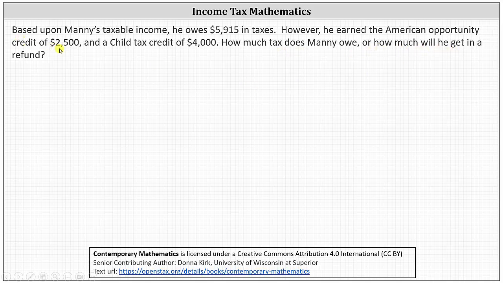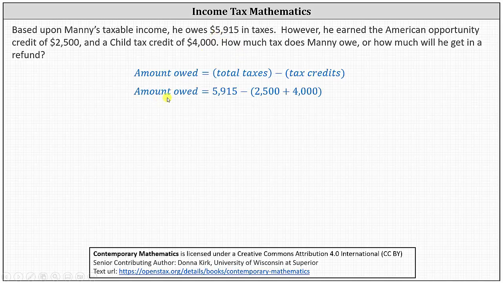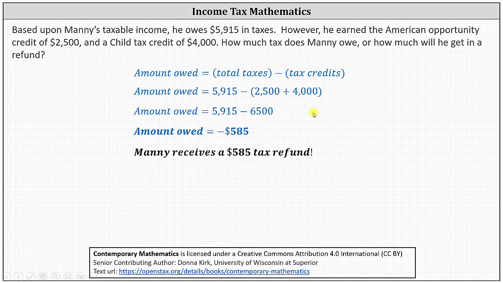The credits of $2,500 and $4,000 are both subtracted dollar for dollar from his tax bill of $5,915, and therefore the amount Manny owes is equal to $5,915 minus the sum of $2,500 and $4,000, which results in $5,915 minus $6,500, and therefore the amount owed is negative $585, which indicates Manny receives a $585 tax refund.